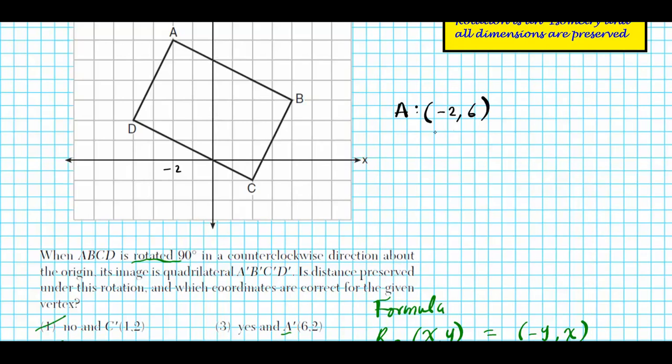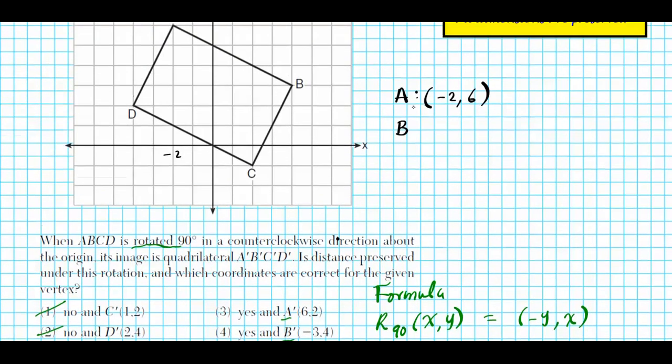So if you carry out a 90-degree rotation on this coordinate right here, what are we going to have? Let's carry out the transformation. Actually, let's write down B first so we can do the transformation of both vertices simultaneously instead of going back and forth. So B is 4, comma 3.